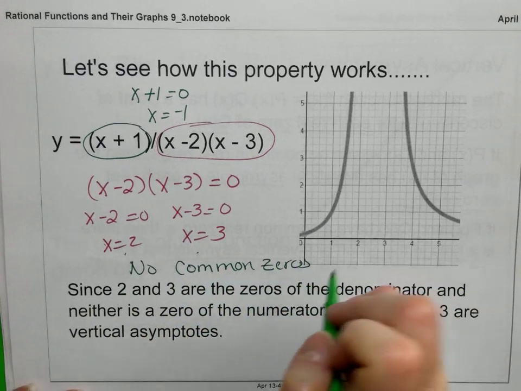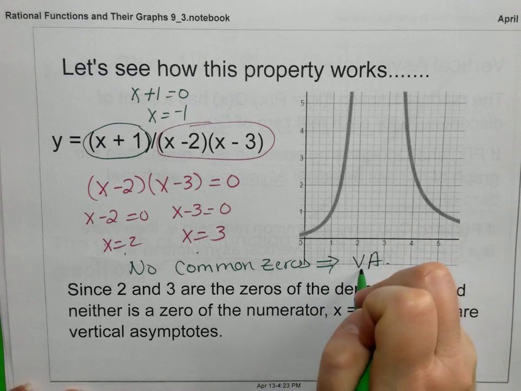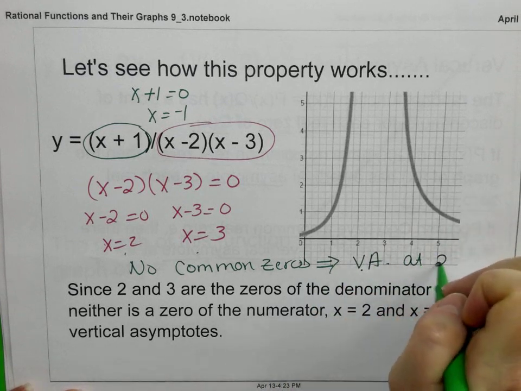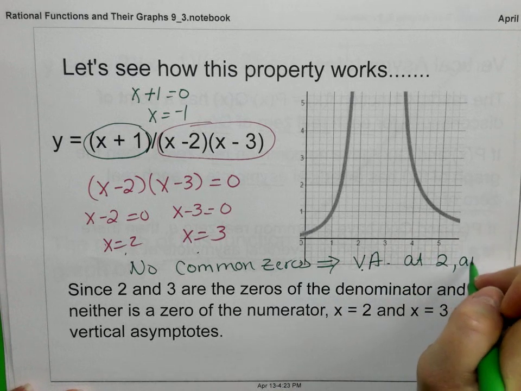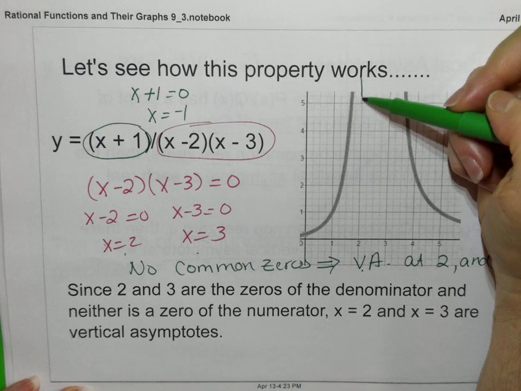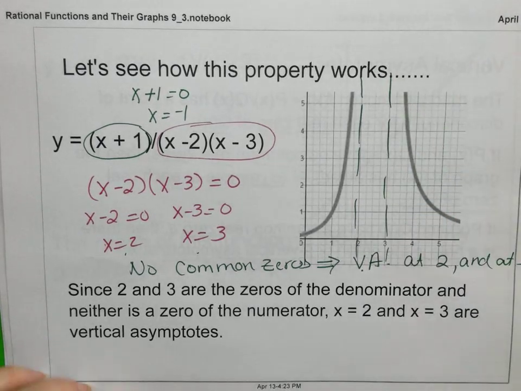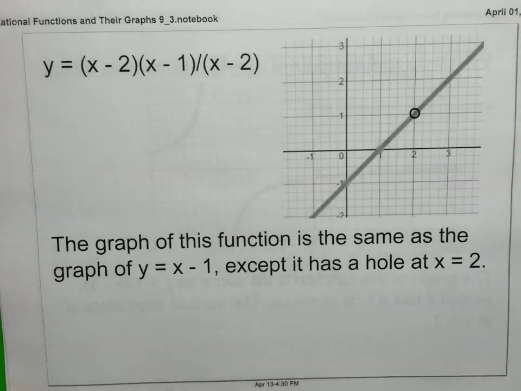So that means there's a vertical asymptote at 2 and at 3. So there's a vertical asymptote right here and another one right there. Again, they're vertical asymptotes because they have nothing in common with the numerator. Let's do that again.